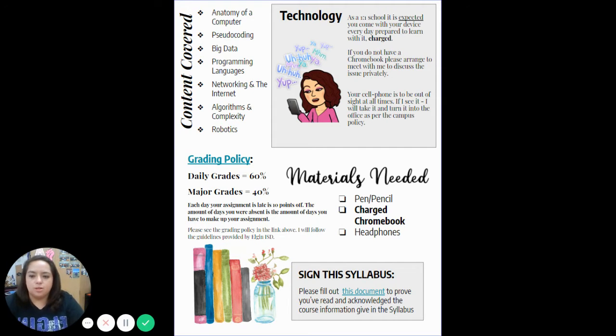Grading policy. This is super important. Like I said, you are in a high school credit class, okay? You have got to be on top of your own grades starting now. So daily grades are 60%. That's things like warm-ups, little check-ins throughout projects, things like that. Like project-based learning, that's what you're going to be doing in here.